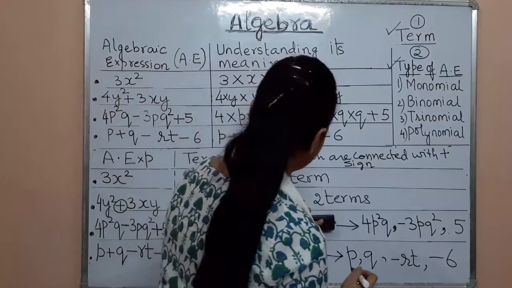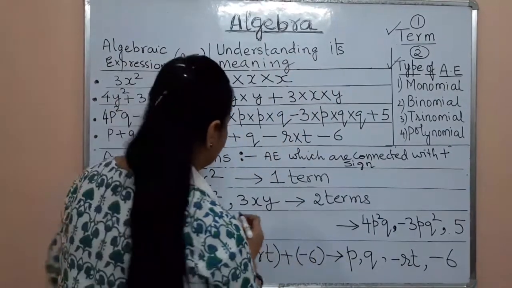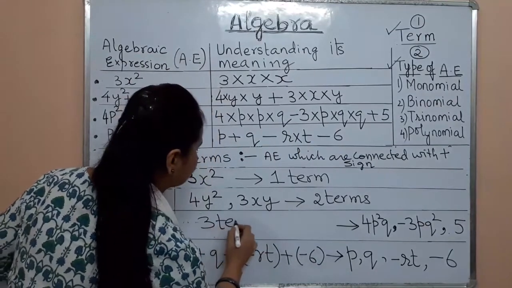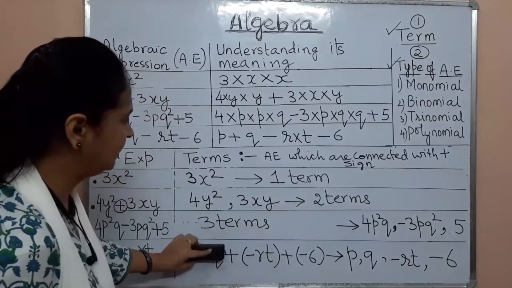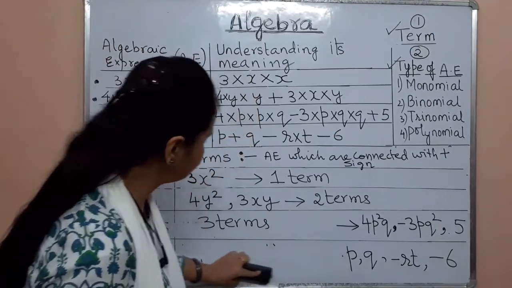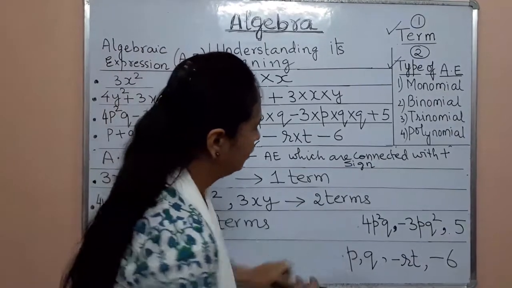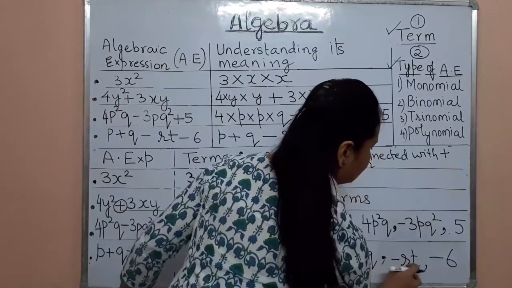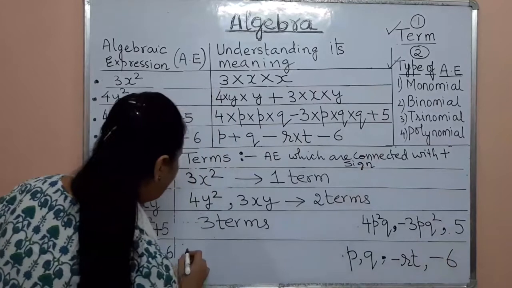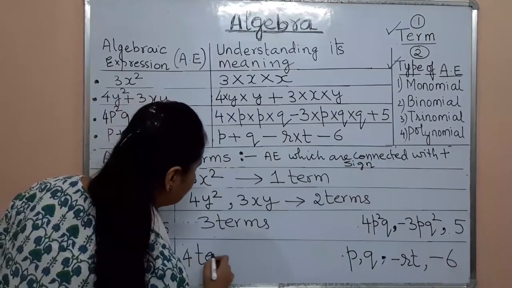You can easily see that we have 3 terms. And in the fourth one, how many terms do we have? We have 1, 2, 3 and 4. So we have 4 terms.